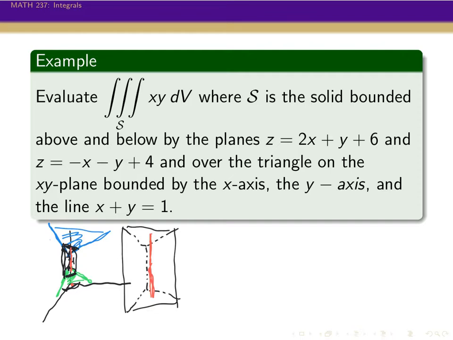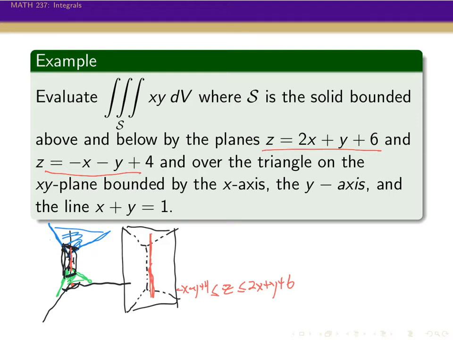Okay, and so that's our bottom plane, that's our top plane, and so our bounds for z are going to go from the bottom plane, minus x minus y plus 4, to 2x plus y plus 6.